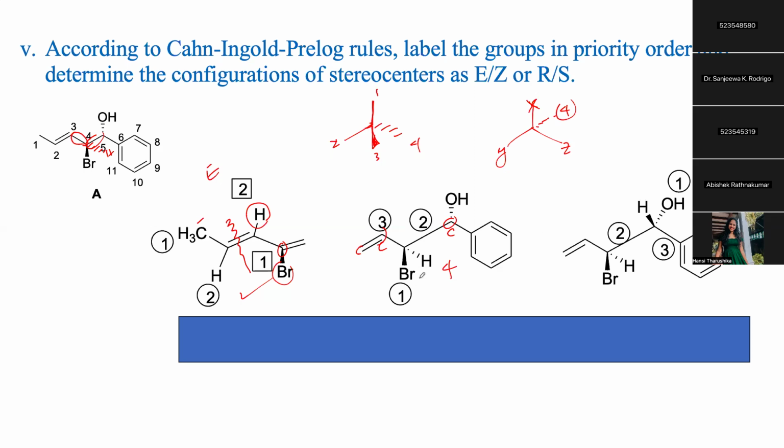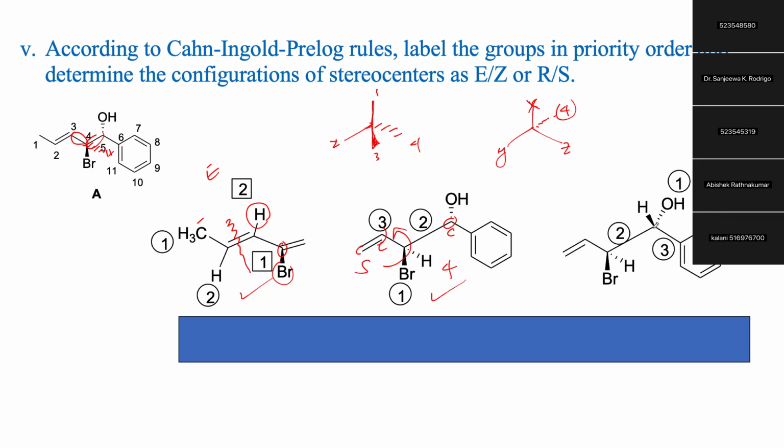So now 4 is away from you, and the bromine is 1, then 2, 3. So that is S, right? Is it correct? Yes. Right. So this is done. Then we go to the next one, number 3.